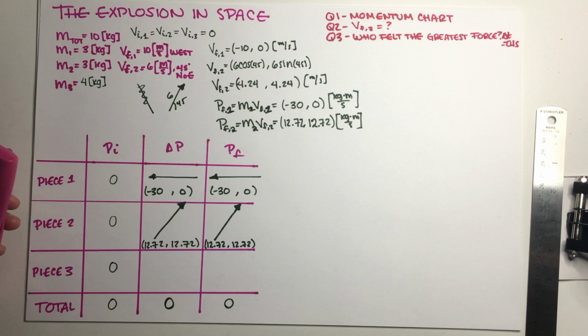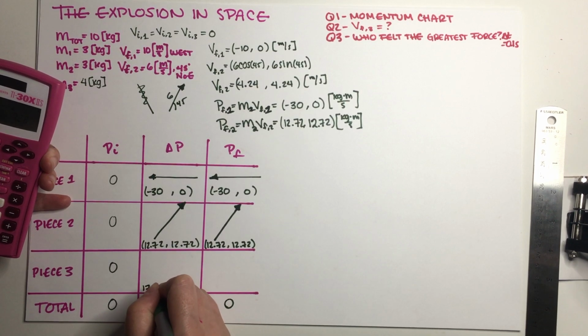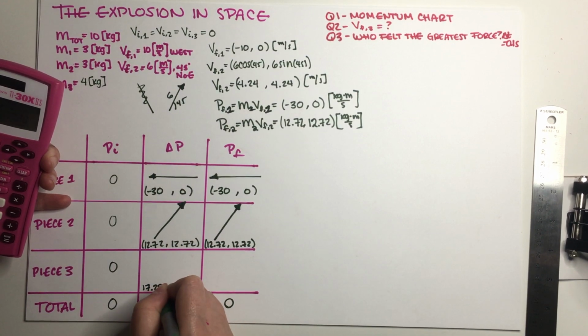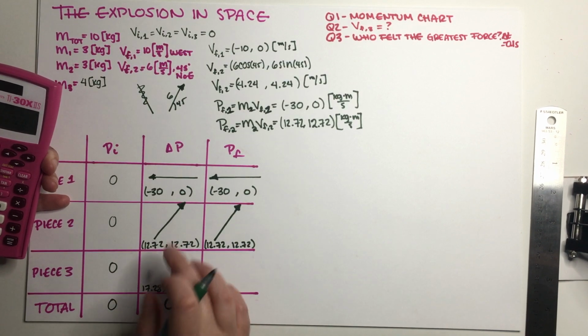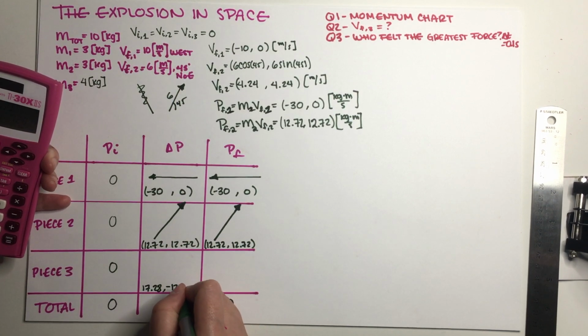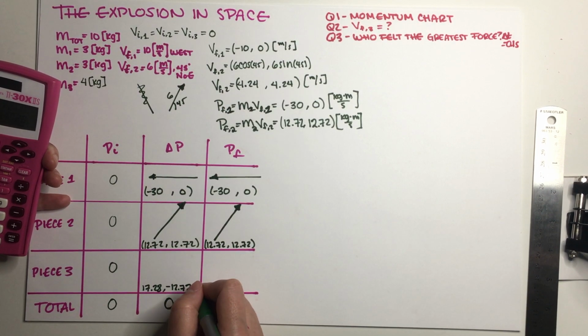So let's see. This is going to be 30 minus 12.72, so this is going to be 17.28. And then 0 plus this is equal to 0, so this is just going to be negative 12.72.